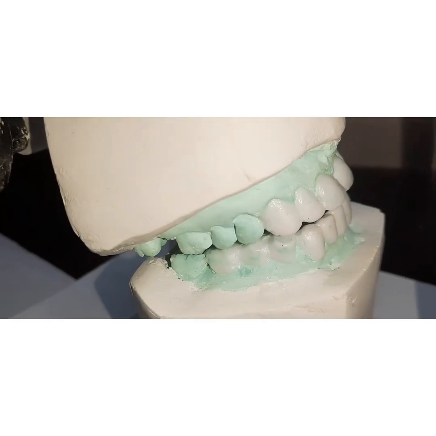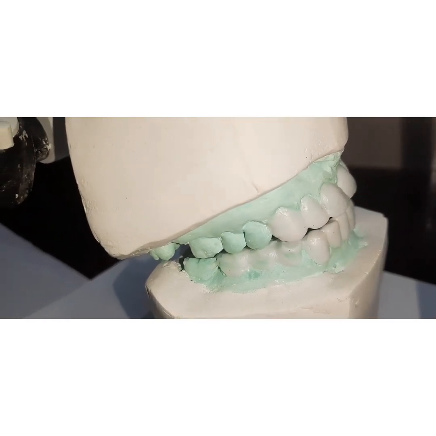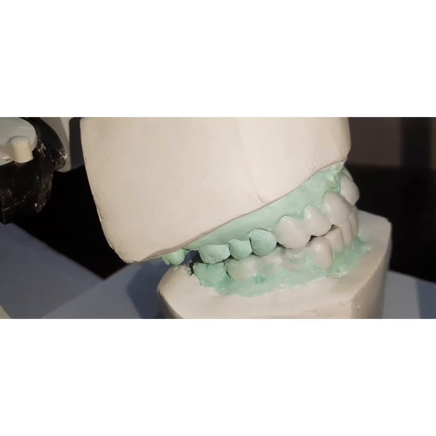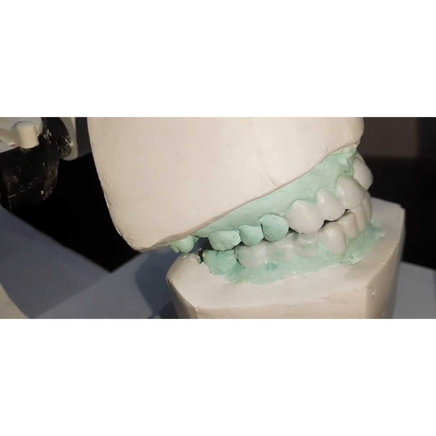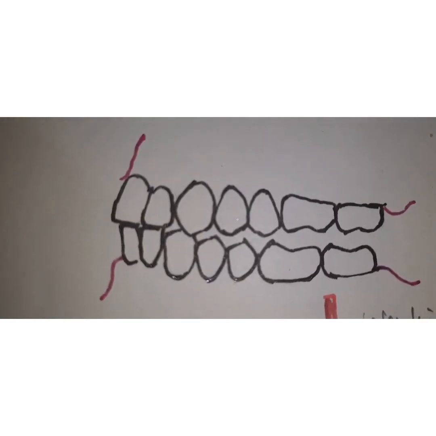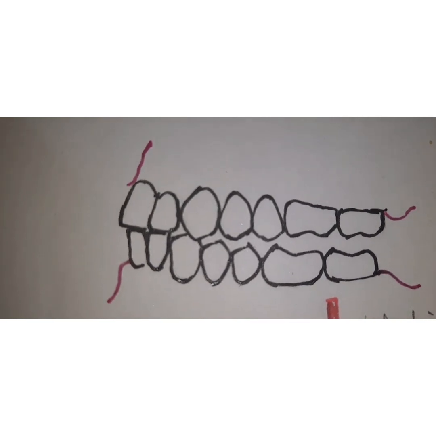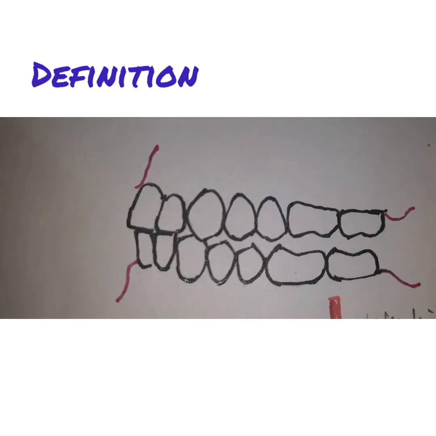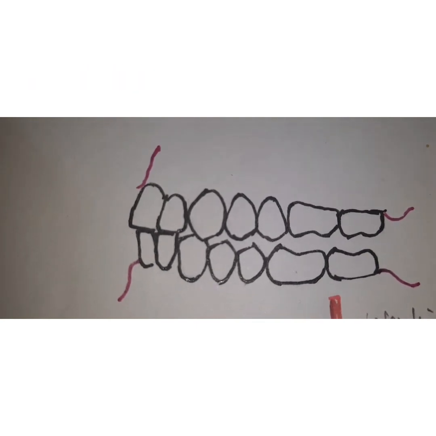So this is the balancing side, so there is no contact. Only the canines are in contact, no other teeth, posterior or anterior, are in contact with each other. And this separation of occlusion is also called disocclusion. Now, what is disocclusion? Disocclusion by definition is a separation of opposing teeth during eccentric movements of the mandible.